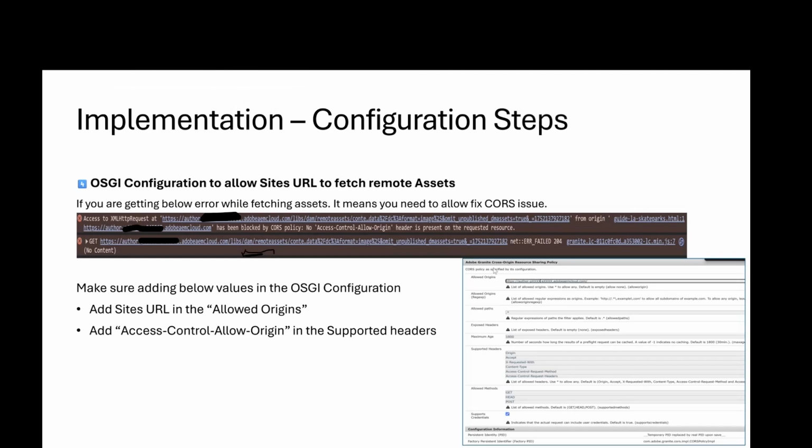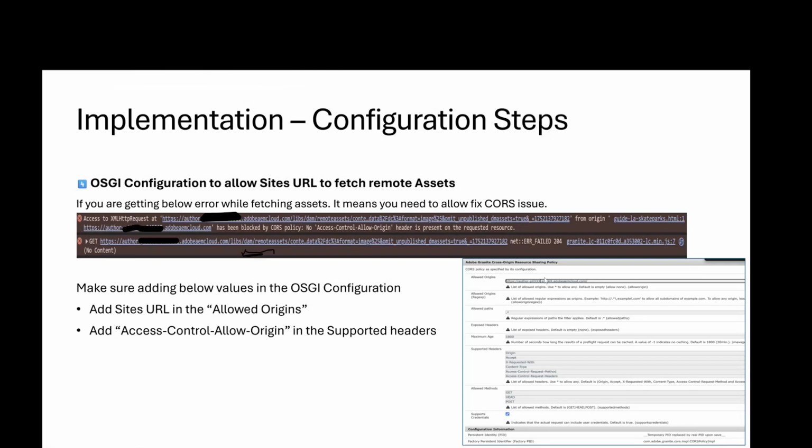So you need to override this OSGi configuration with the PID that you can see in this screenshot. This CORS policy you need to override and make sure it is part of your config submodule, where in the allow origin section you need to pass the URL of your sites environment, the AEM environment, as well as under the supported headers, you need to allow Access-Control-Allow-Origin.